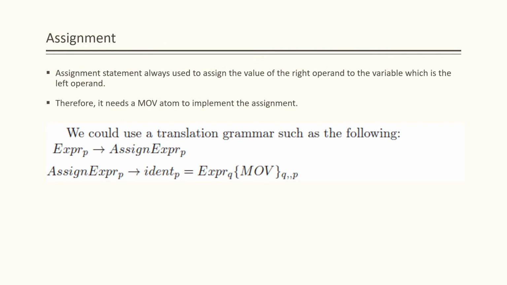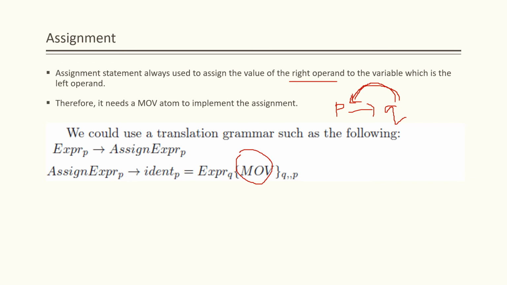Next is the assignment statement. The assignment statement is normally used to assign the value of the right operand to the variable on the left operand. Normally you have P goes to Q. What the assignment will do is assign the value Q into P, which means you are moving the value of Q into P. So the assignment statement uses move.